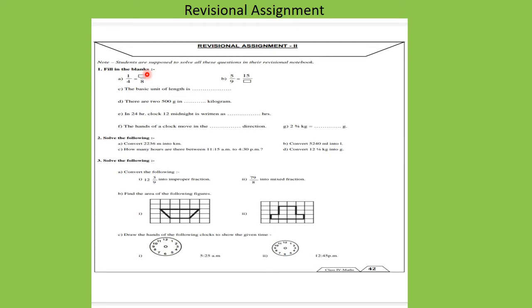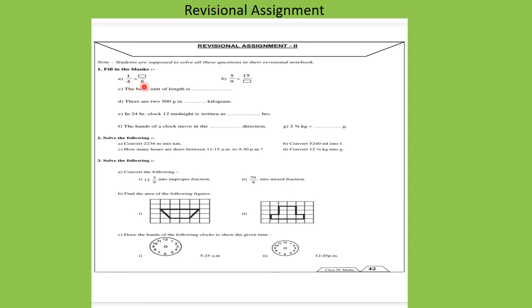It's very easy. As we can see, 4, the denominator of the first fraction, has become 8 in the other fraction. That means some number has been multiplied or divided. Here 8 is just double of 4, so 4 is multiplied by 2.